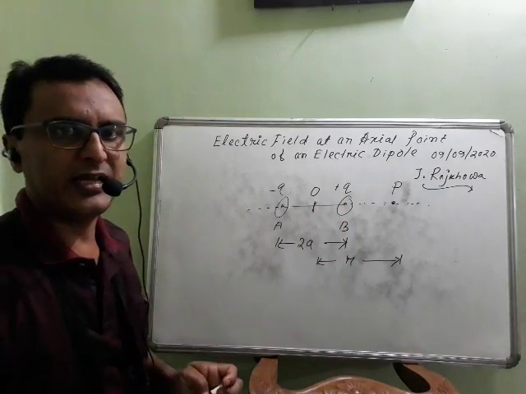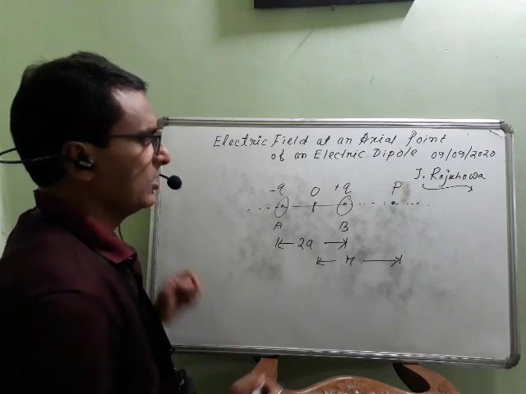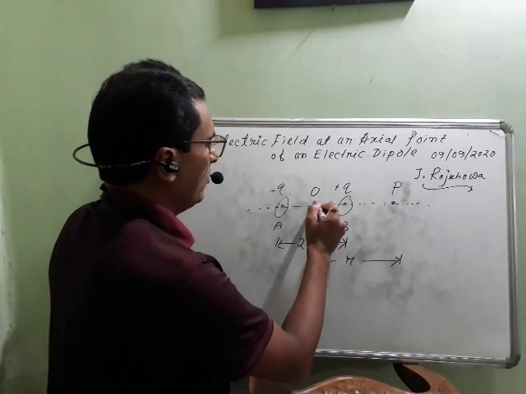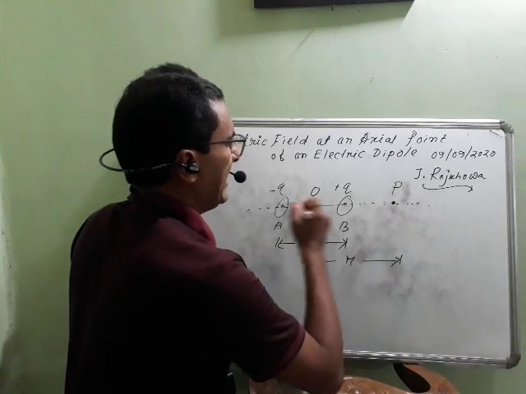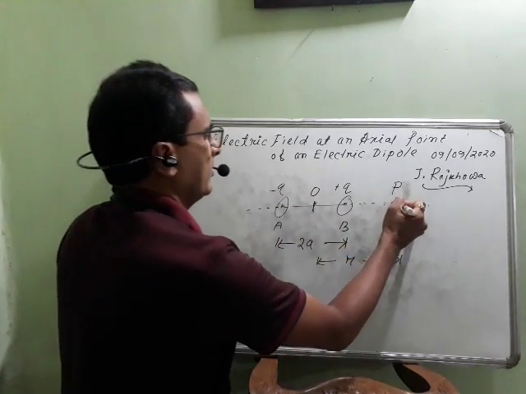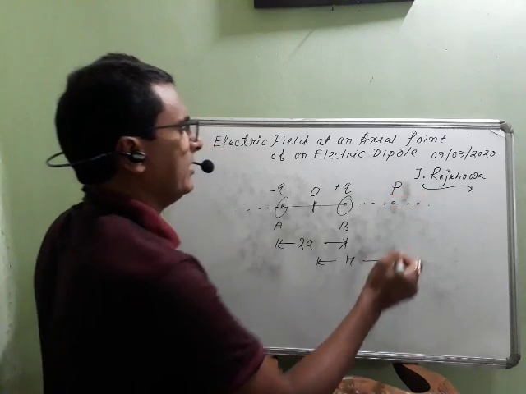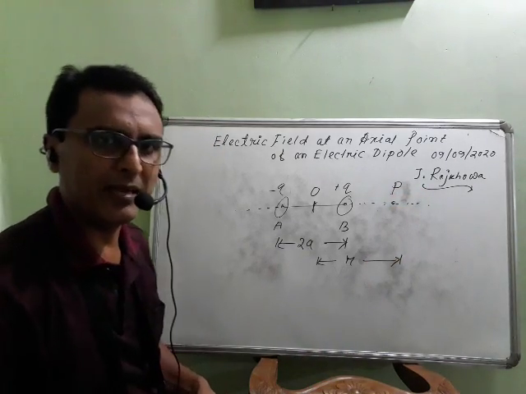In case of an electric dipole, every measurement is made from the midpoint of the dipole. So from O at distance r, we put a point P on the axis of the dipole AB, where we have to find the electric field due to the dipole AB.